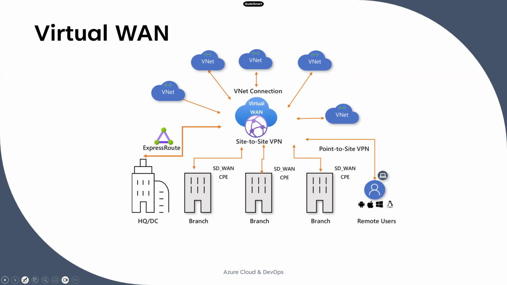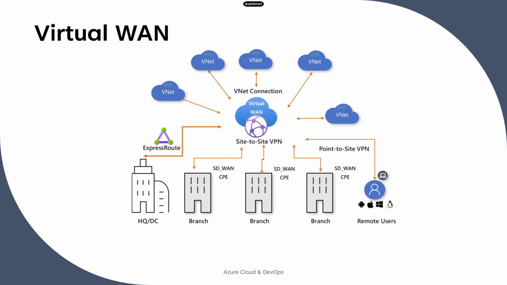We can connect VNets, and it will support branch connectivity, so that will enable site to site, or if some user is accessing remotely, different kinds of scenarios it can support. This Virtual WAN can handle ExpressRoute, VPN Gateway, and all.